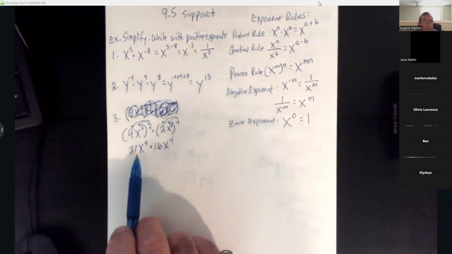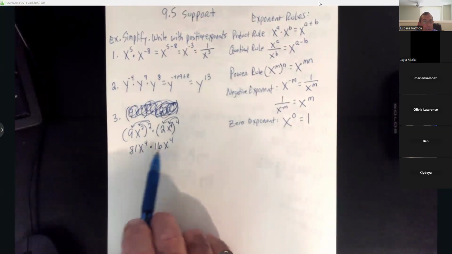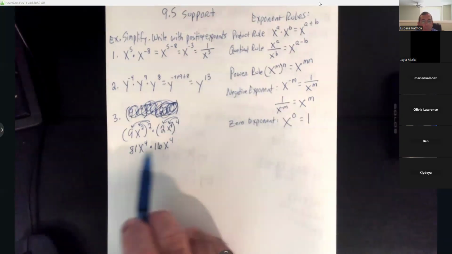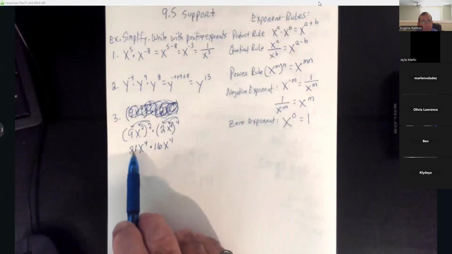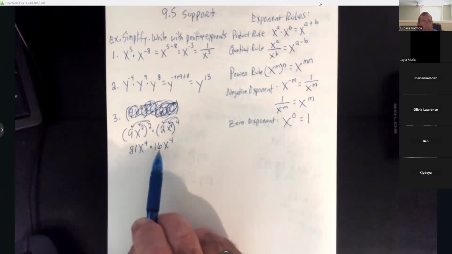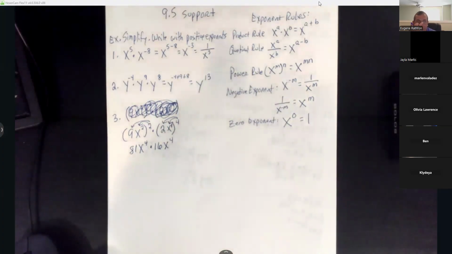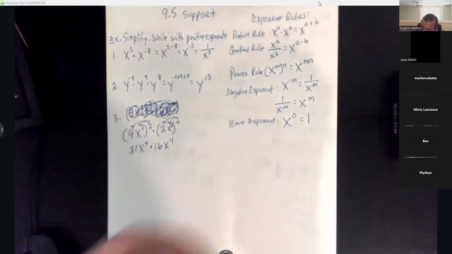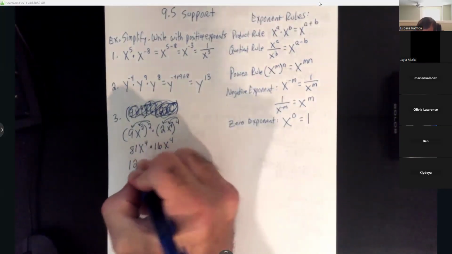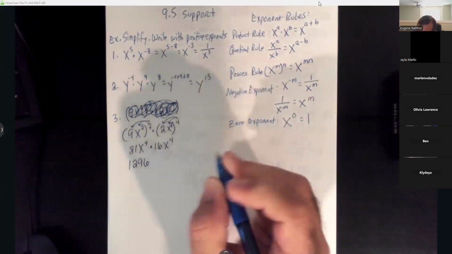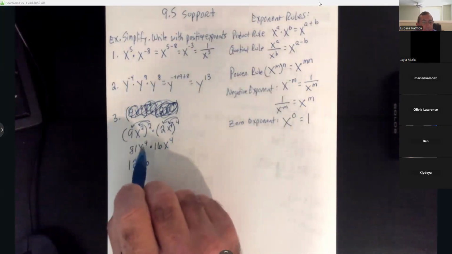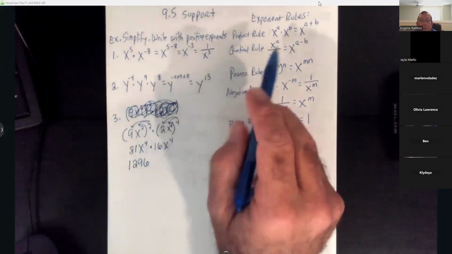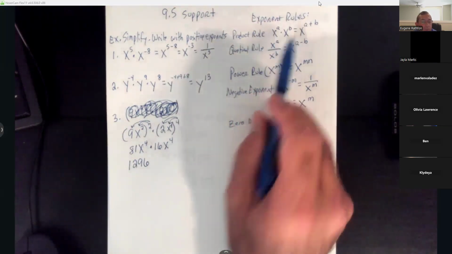Woo! So one of y'all figure this out. 81 times 16. So the numbers multiply. So what are we getting when we do an 81 times 16? 1296. And then y'all, the x to the 4th times the x to the 4th, I'm using my product rule.